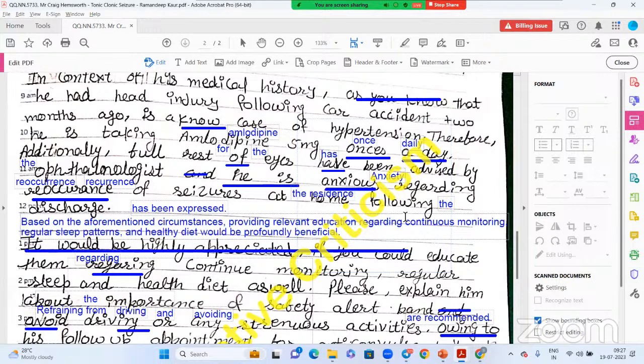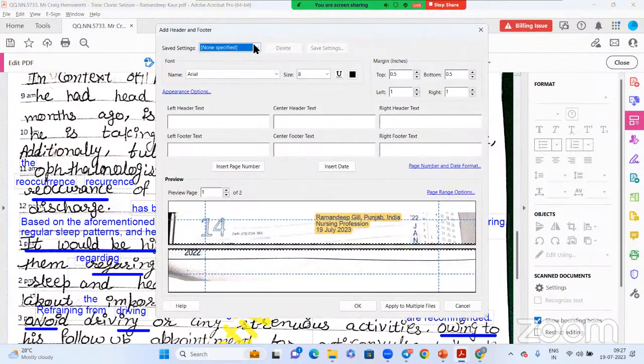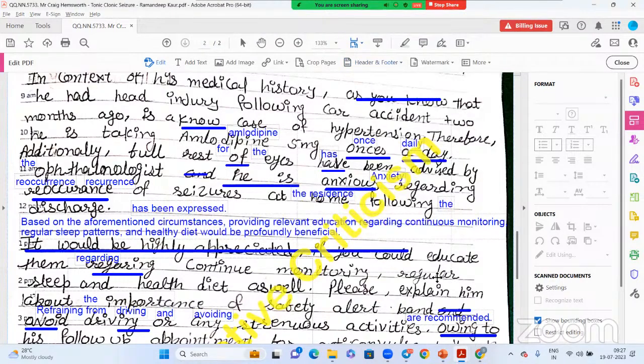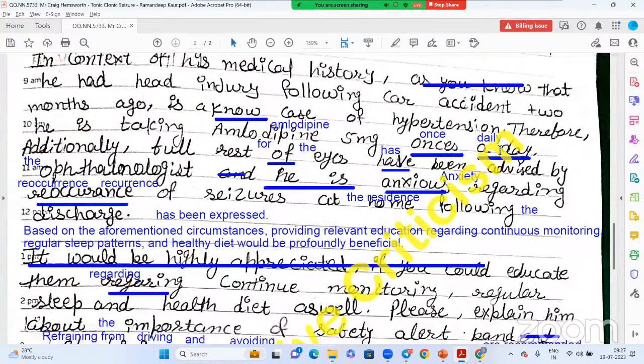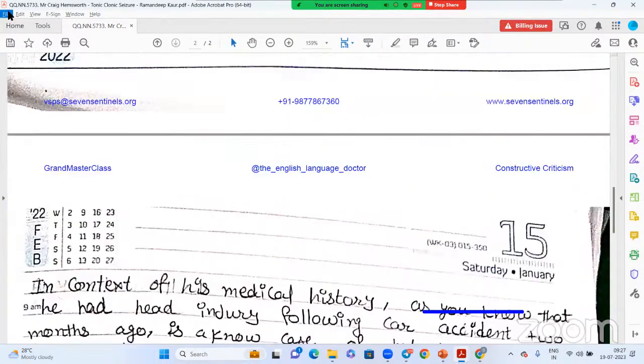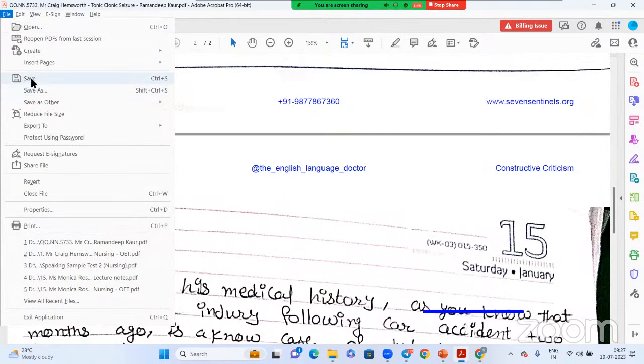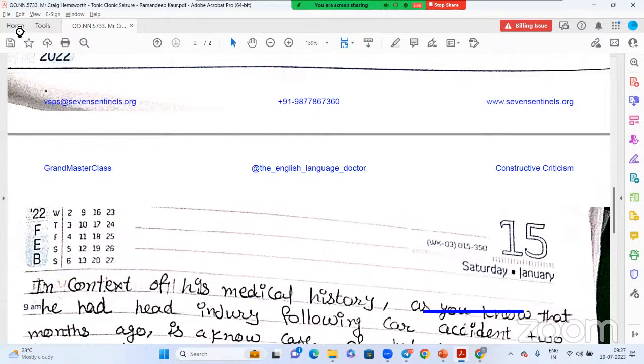And next one is header and footer. Okay. Close. File save.